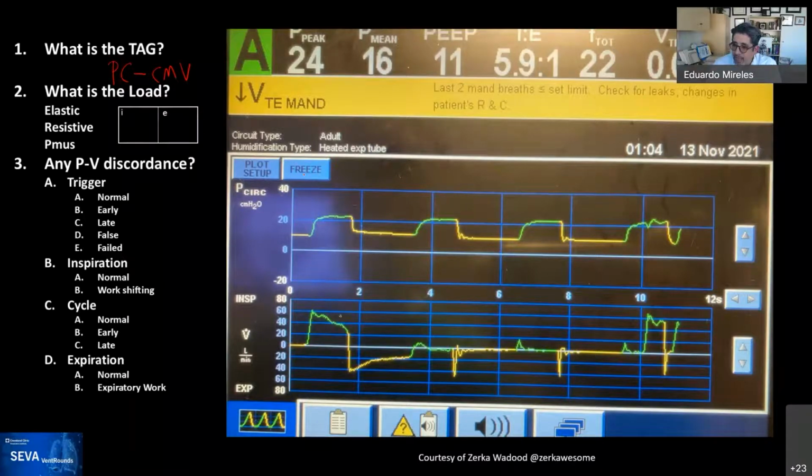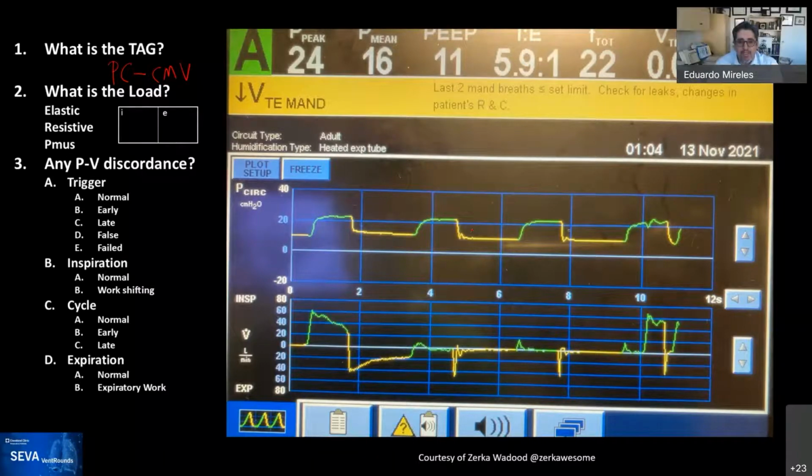What's the different tidal volumes? You're right, you see changes in tidal volume in between the breaths. No, I don't think it's adaptive, because adaptive would give you roughly the same tidal volumes. I think it's set point pressure. So it's set point.